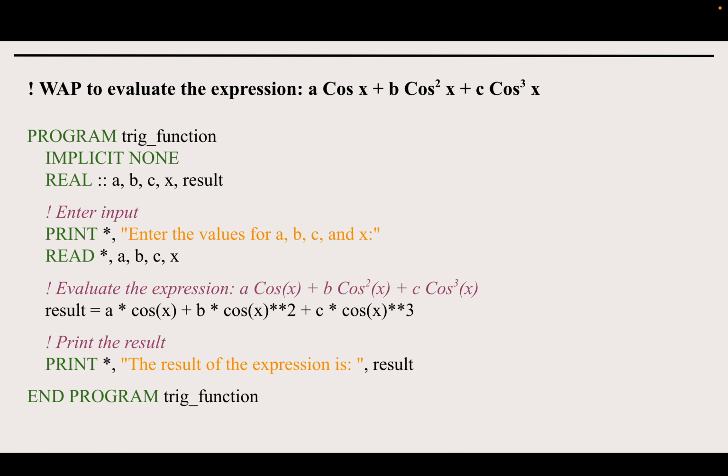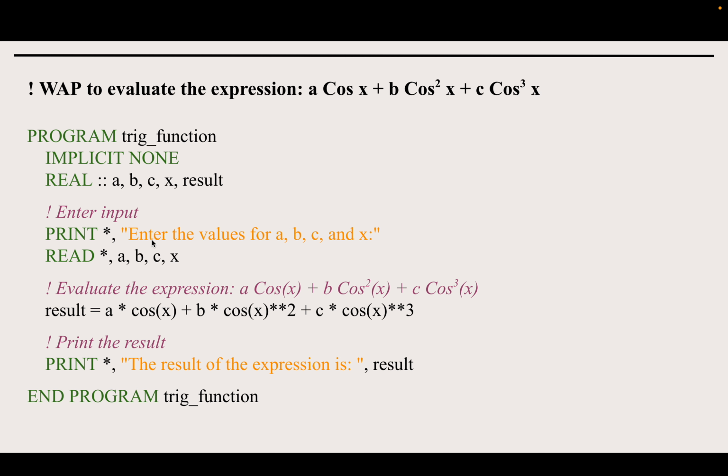So here is the code in front of you, and here we have started the program with trigonometric function, and we want the variables here as real, and the variables here are a, b, c, x and the result of that expression.